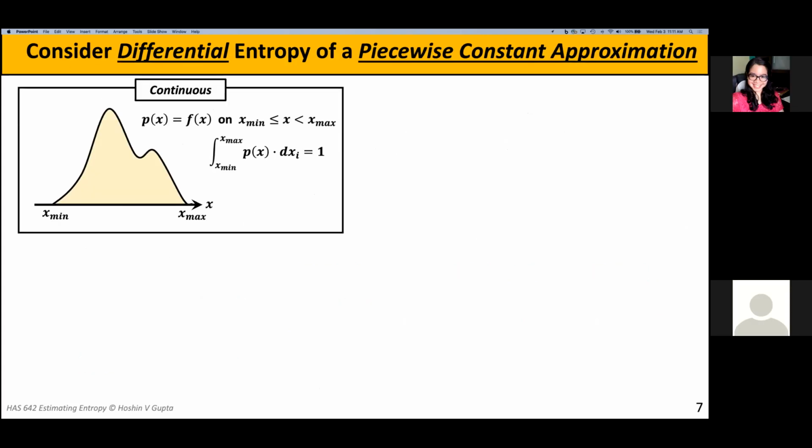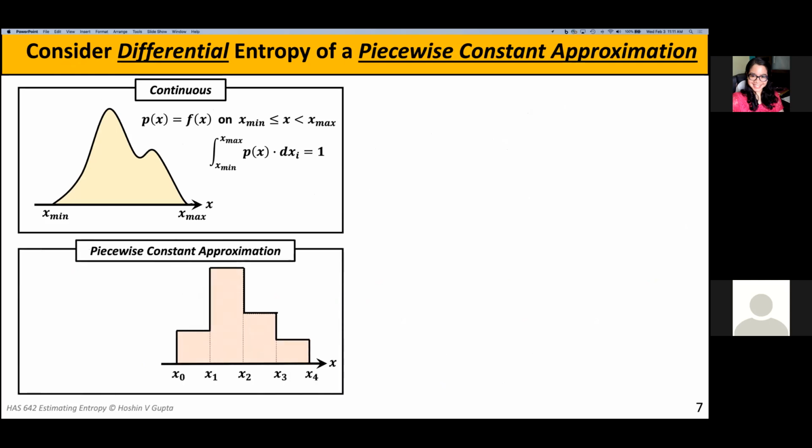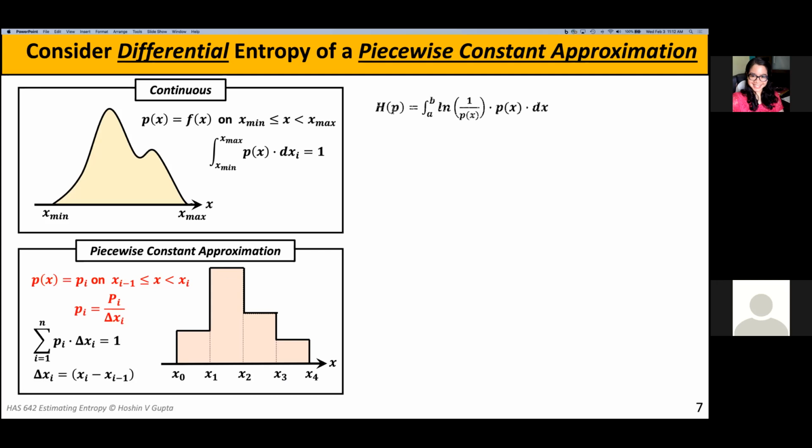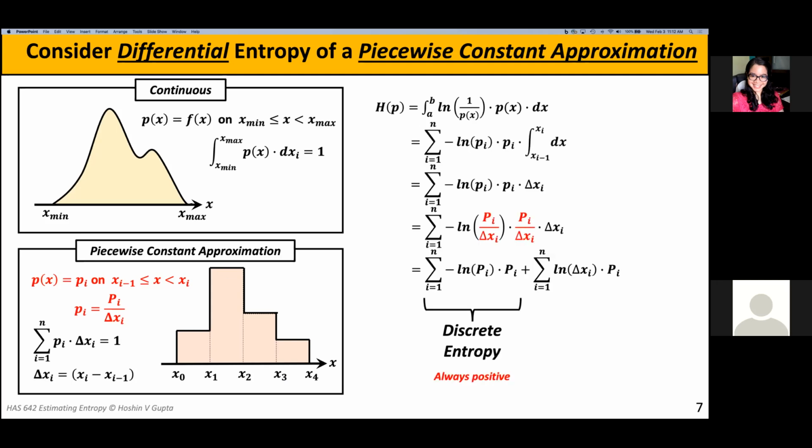So this is called differential entropy. And let's say we decide to approach this using a piecewise constant approximation. So we assume that p is constant, equal to p_i, on some interval, in which case, if we know the total mass of the interval, we can divide by the width of the interval to get the density. We can plug that into the equation, do the math, and we get an equation that looks like this, which is two terms. The first term is where capital P is the probability mass, small p is density, right?